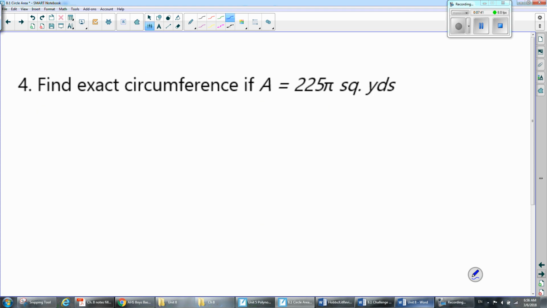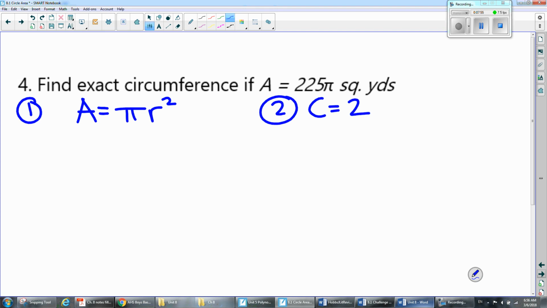Then we're trying to find the exact circumference if A equals 225 pi. If that area equals pi r squared, we'll have to figure out the radius first, so then we can find the circumference. So plug in what we know. They told us 225 pi, don't forget your pi, for the area. Your pi's cancel.